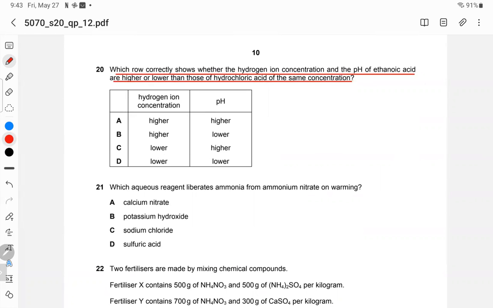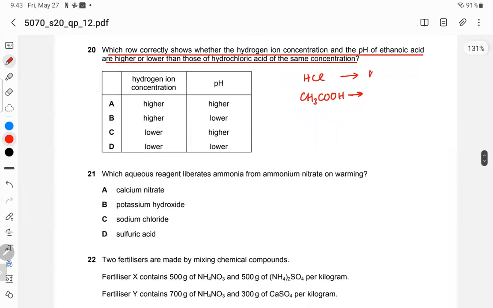Okay, तो ये बताइए कि if we have the same concentration of hydrochloric acid and ethanoic acid, who has a higher concentration of hydrogen ions? HCl. HCl, yes. And why? Because it is a strong acid. Yes, very good. It's a strong acid. And here we have a weak acid.